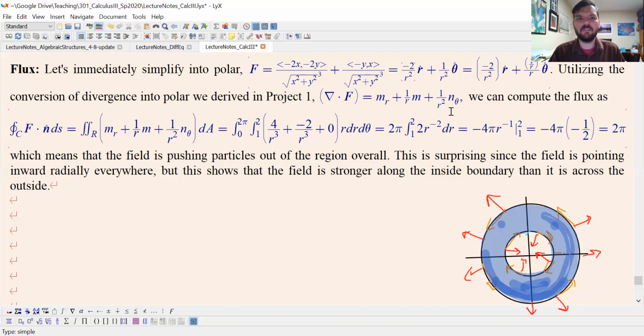So let's compute the flux. We're going to plug in our m and n components, there they are, in for these pieces in the formula. And so for m, I take the derivative, that spits out a -2 and reduces down to a -3 power.